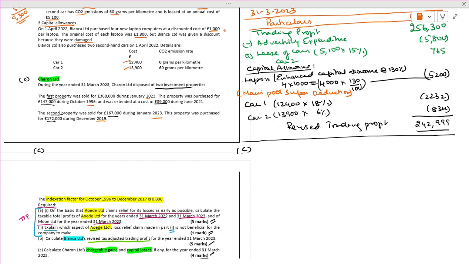Extended at a cost of 39,000, during June 2021. We have to take that into consideration. Fine. First, we will deal with the first property.